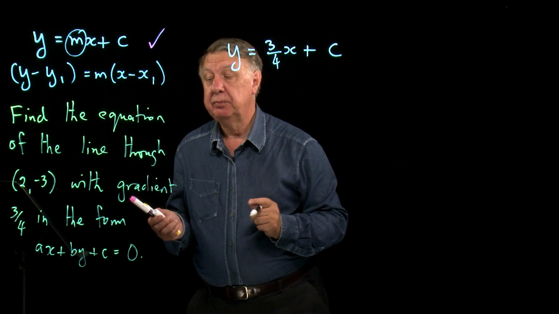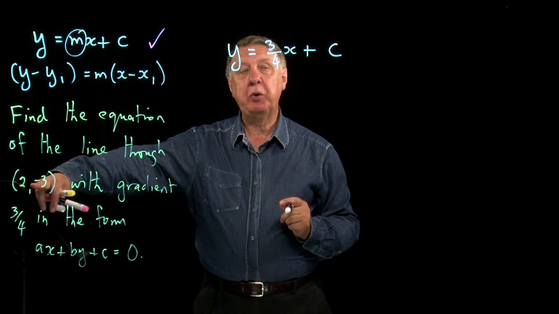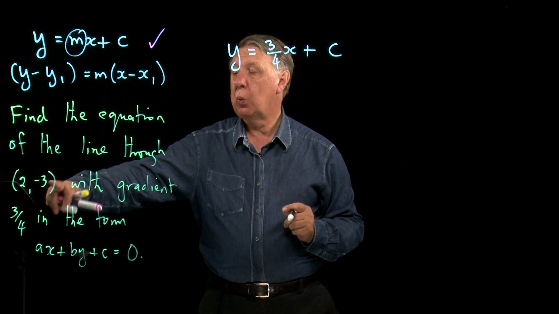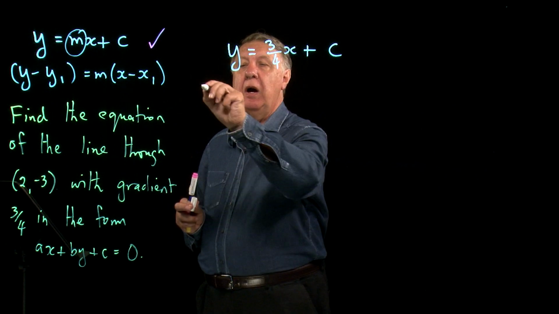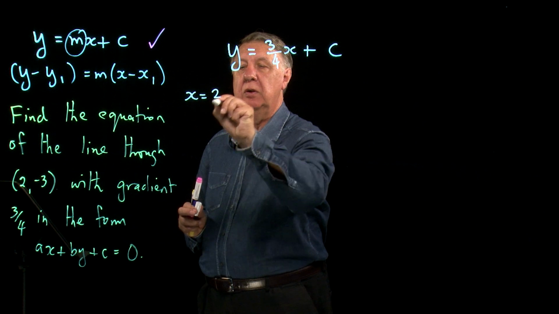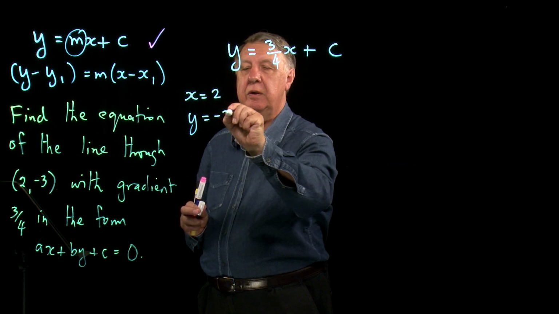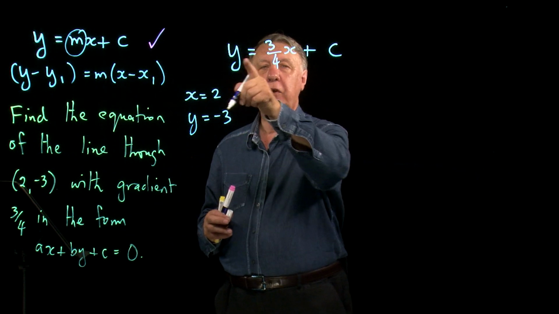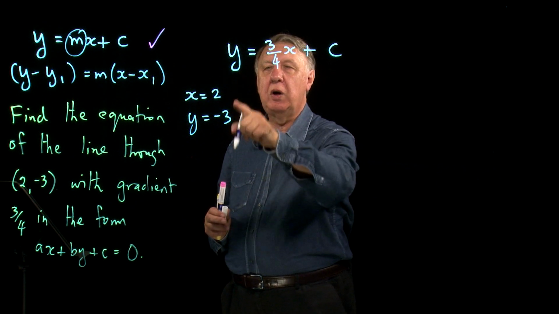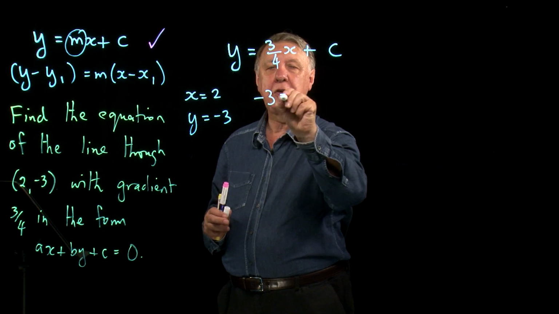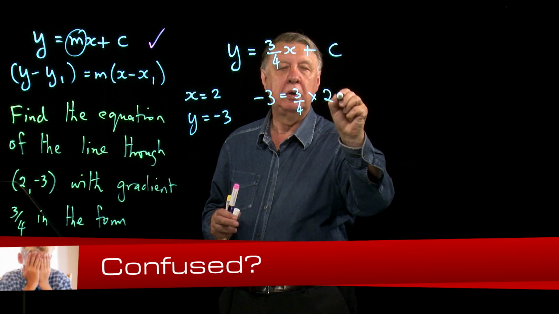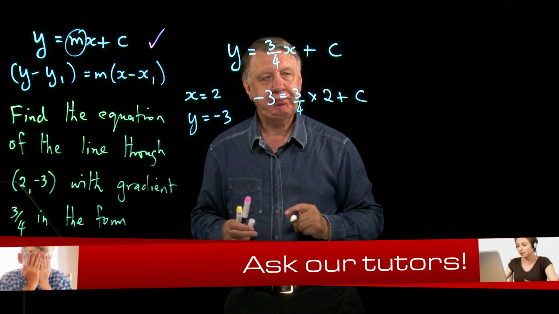What else do we know? We know it goes through this point. Now remember here, x is 2, y is negative 3. So I could substitute those two numbers into my equation, because this point has got to lie on the line. So y, which is negative 3, has got to be 3/4 times 2 plus c.